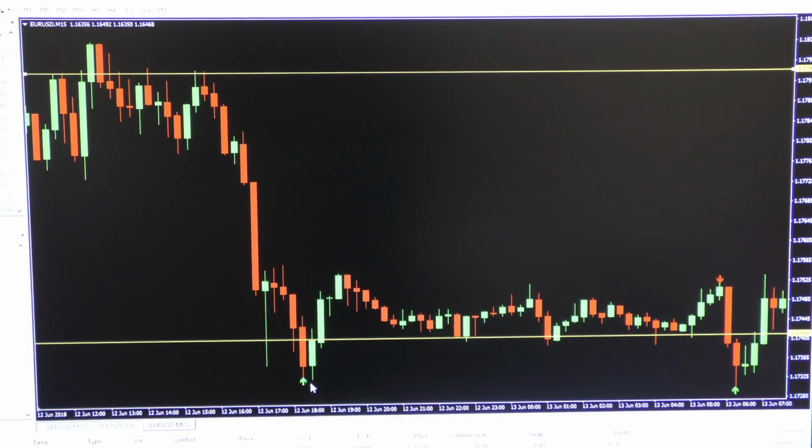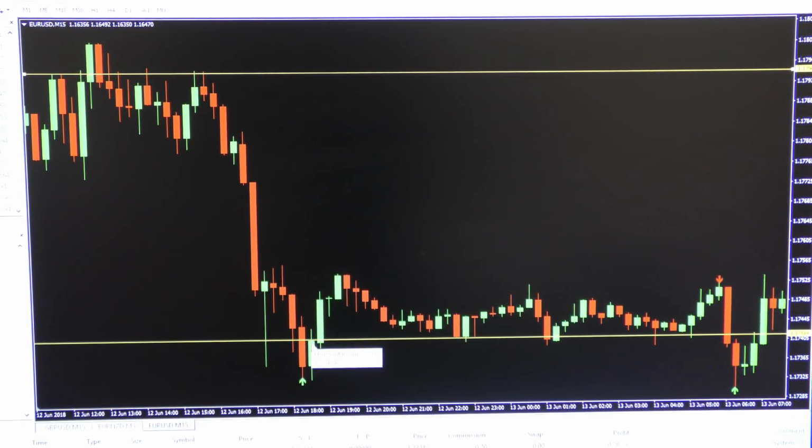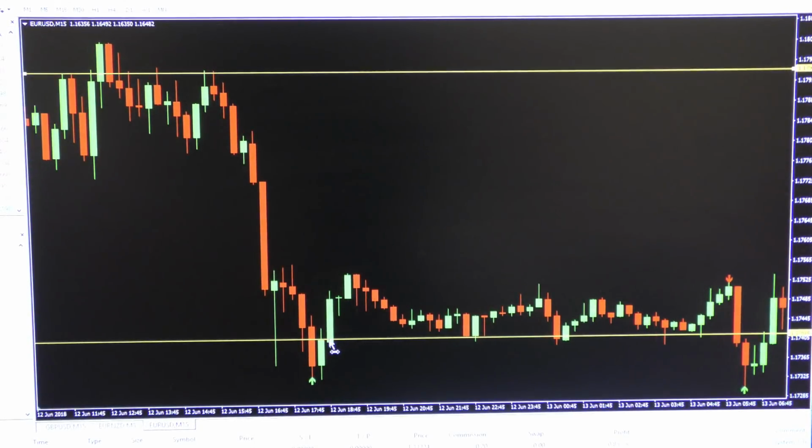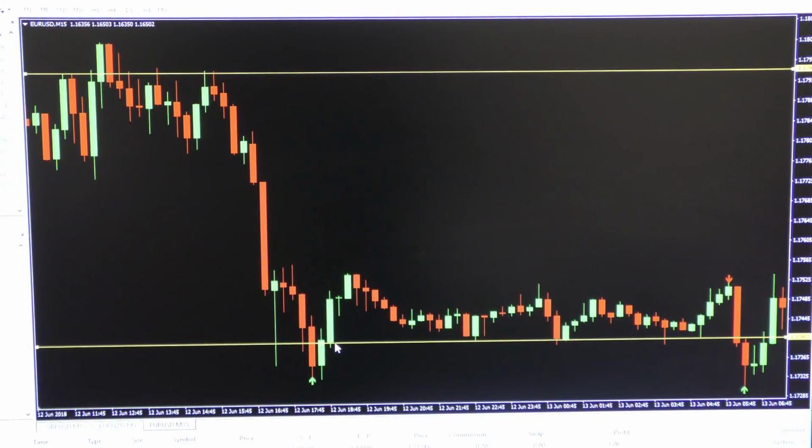But if the market goes up and we get a green candle, then the arrow will stay there, and at the open of the next candle we will buy.